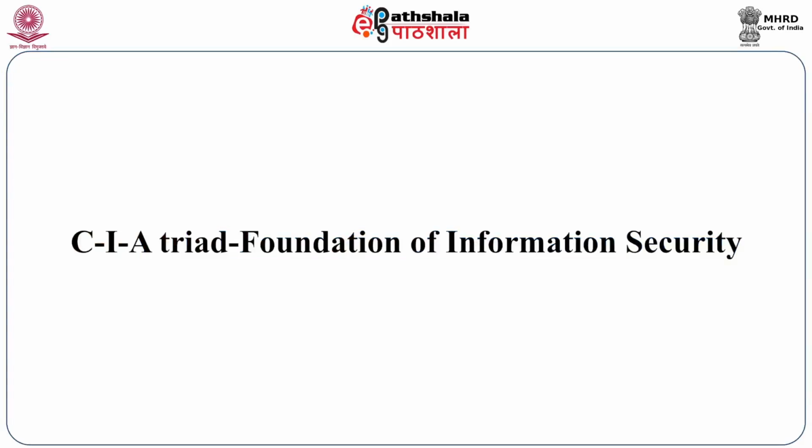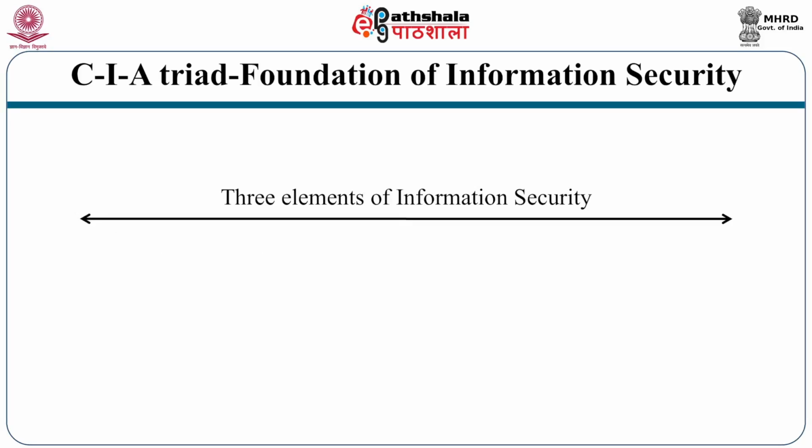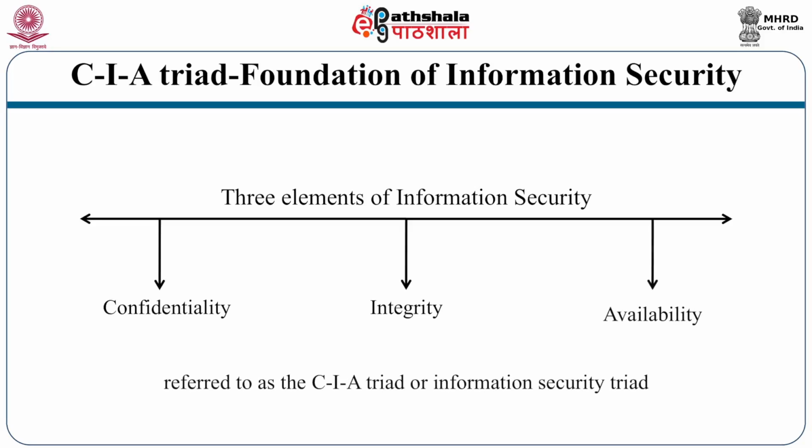Now let's look at the 3 basic elements of information security. Number 1, confidentiality. Number 2, integrity. Number 3, availability. In fact, these 3 are referred to as the CIA triad, or information security triad. Let's briefly look at what these 3 mean.